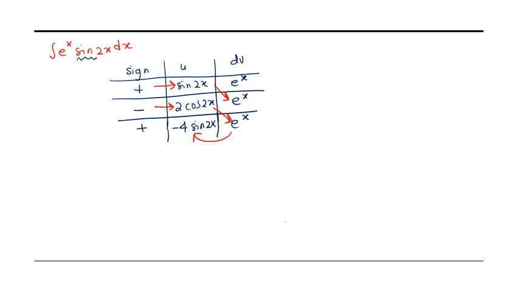So, macam nak tulis: integrate eksponen x sin 2x dx sama dengan, the first row eksponen x sin 2x. Second row negatif 2 eksponen x cos 2x.